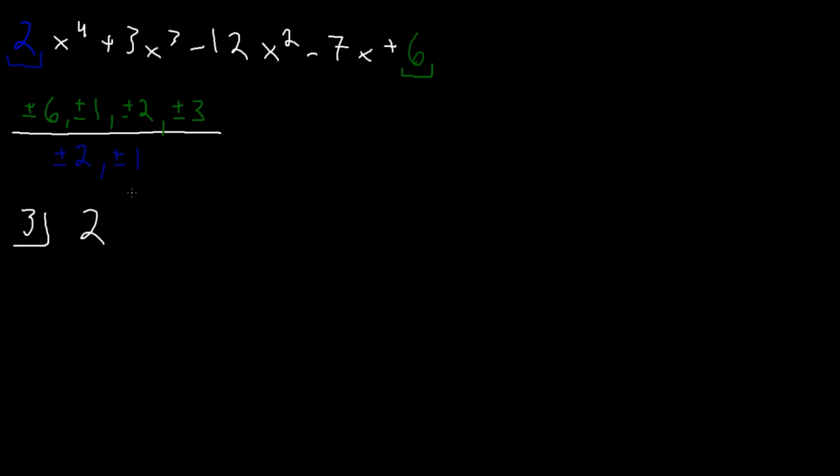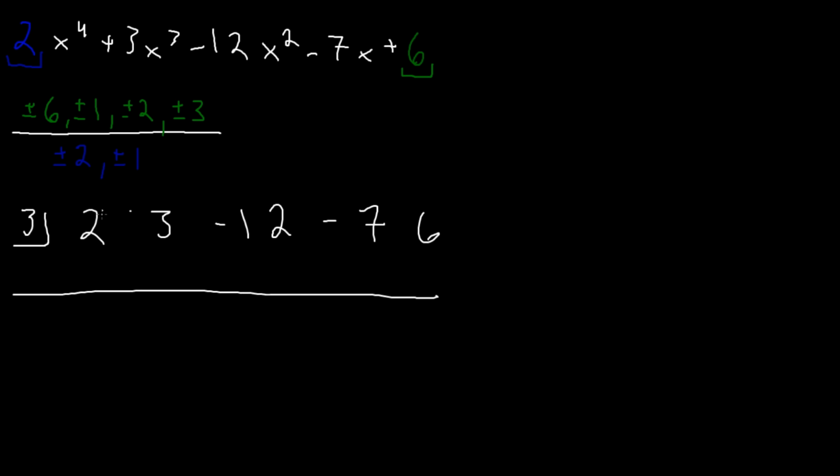So we got 2, 3, negative 12, negative 7, and 6. Sorry if you can hear honking in the background. So that's 2. 2 times 3 is 6. And then 3 plus 6 is 9. 9 times 3 is 27.